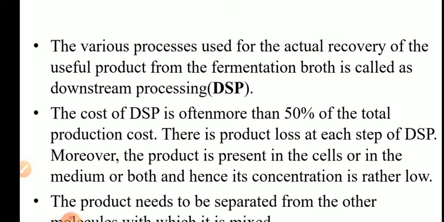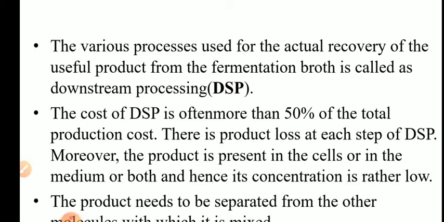Further, there is product loss at each and every step of downstream processing. Moreover, sometimes the product is present inside the cells or in the medium, or it may be present in both.